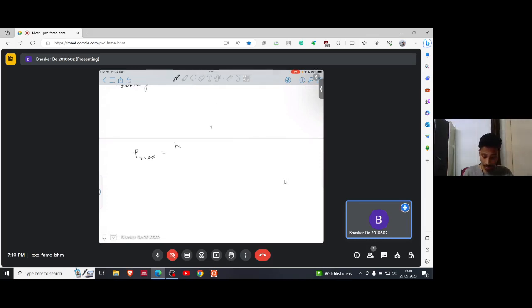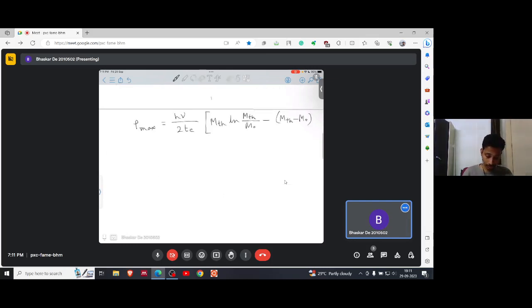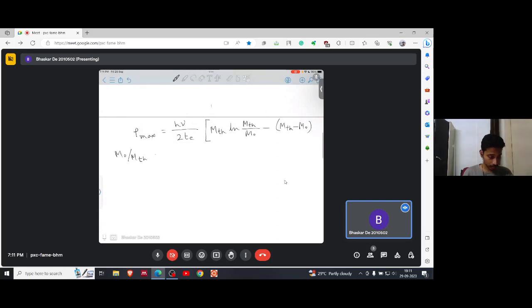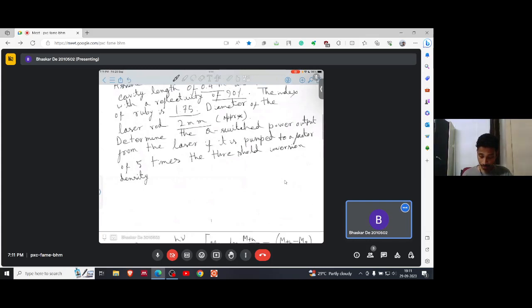P max equals h nu V over T c, times N T H, ln of N naught over N T H, minus N naught minus N T H. Now N naught by N T H is given as 5. This is basically the statement that it is pumped to a factor of 5 times the threshold inversion.